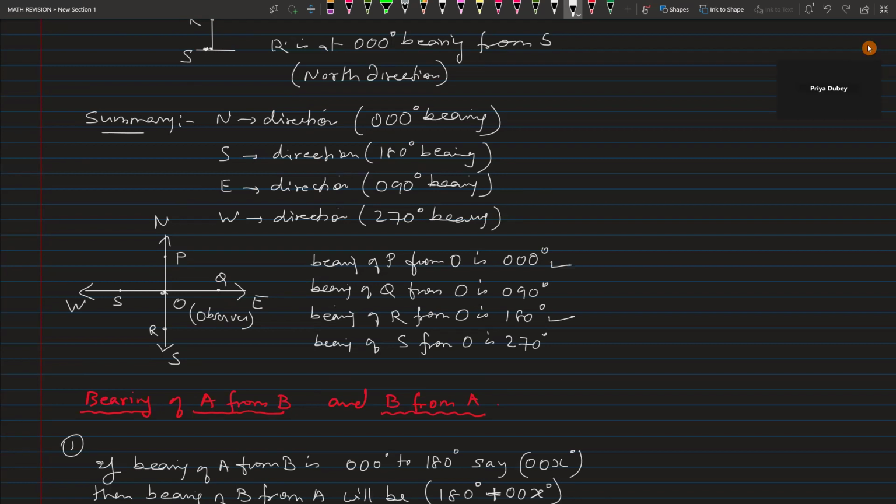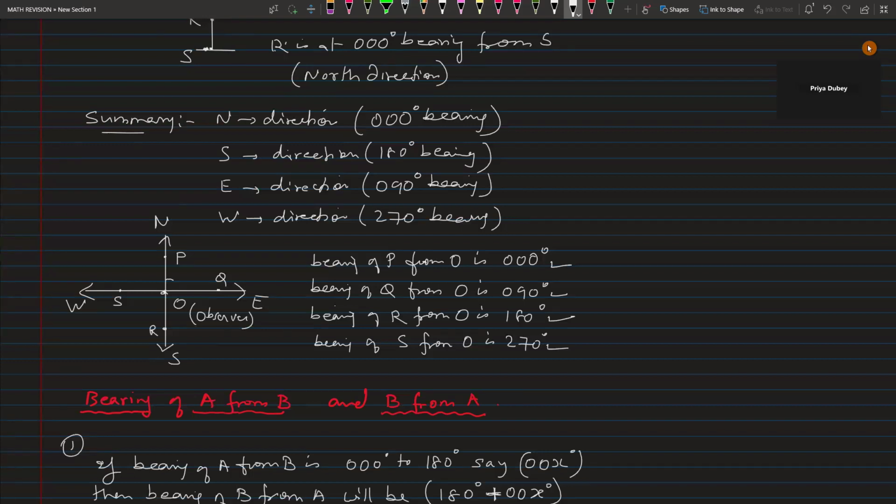This is for north. Suppose that point Q you are taking. So Q is in the east direction of the observer. Okay, with respect to the observer, Q point is on the east of the observer. So you can say that the bearing is 90 degrees. And in the same way, in the west, it will be 270 degrees. Why 270 degrees? Because at O, you will draw the north direction, which is this point.